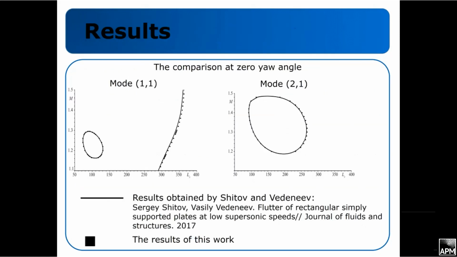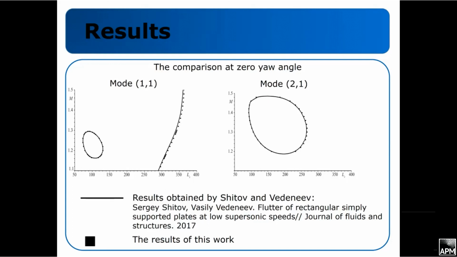So the result of our investigation is the following. First of all, we computed the boundary of panel flutter at zero yaw angle. These figures show the comparison with the results obtained by Yekaterina.